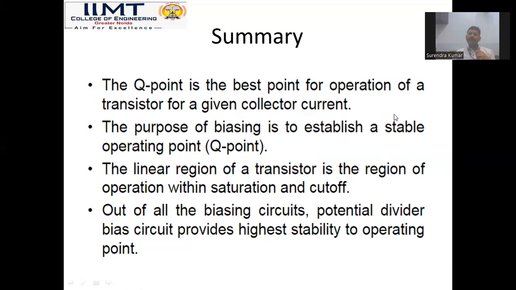The first one is never used in circuits because the stability factor is very high, or stability is very poor. The second and third provide much better stability, but they have the same drawback that they provide AC feedback, which reduces the AC voltage gain. So the second and third are also not preferred, and finally we use the voltage divider, or we can say self bias circuit.